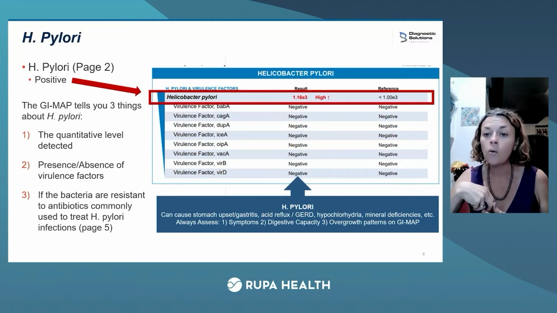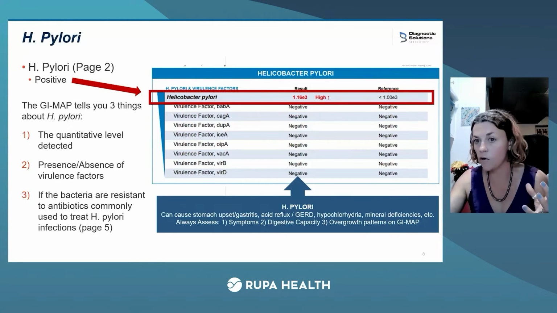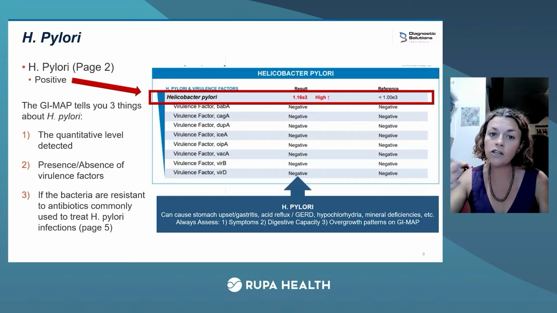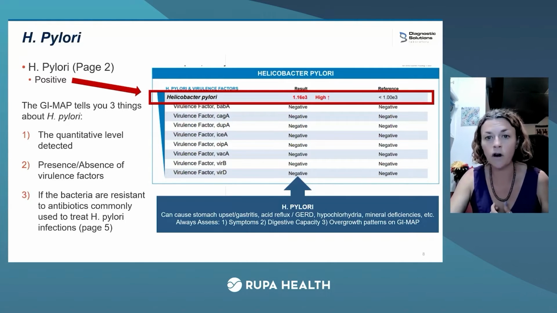Number 2, what is their digestive capacity? We want to compare the result to the digestive markers on page 4, and to any overgrowth patterns on the GI map. If we're seeing weak digestion and a lot of overgrowth, I'm going to be more inclined to treat that H. pylori, because that's a clue to me that it's impacting stomach acid and contributing to hypochlorhydria. I'm going to talk a little bit more about that right now.